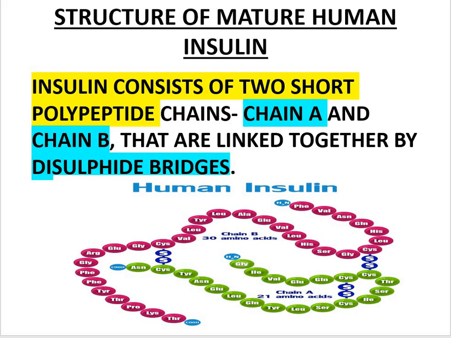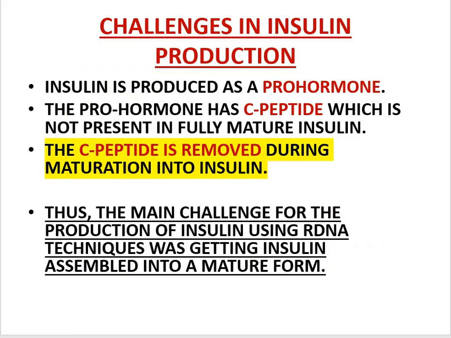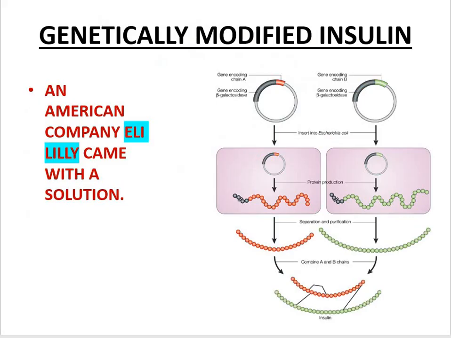Thus, the main problem encountered here was to get a mature insulin which does not have the C peptide. Thus, the main challenge for the production of insulin using recombinant DNA technique was getting insulin assembled into the mature form which just has the A and the B peptide.